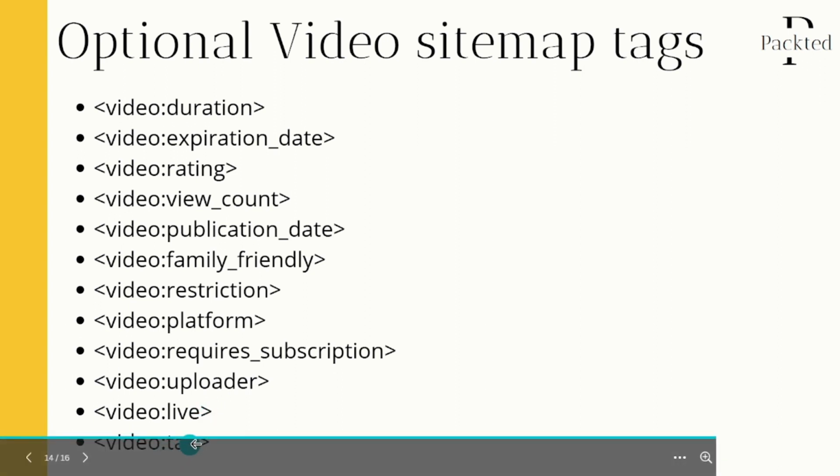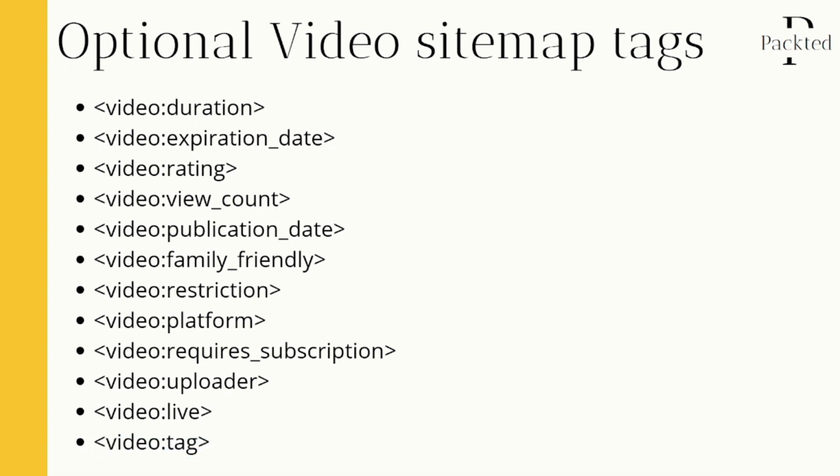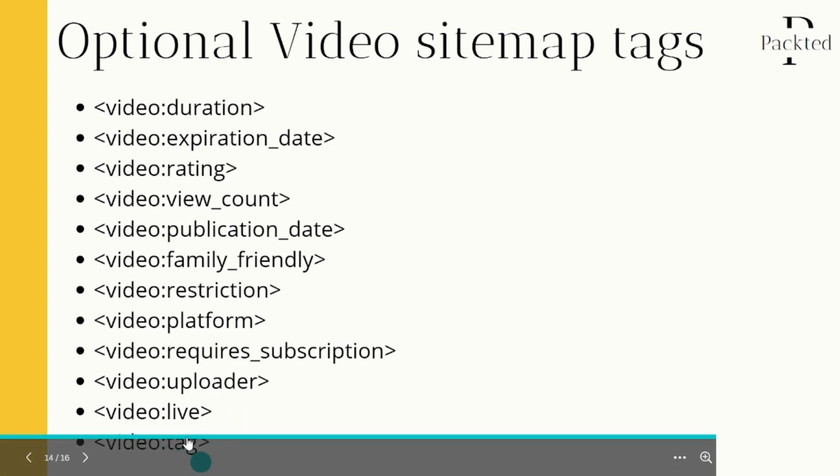Like, you must know that whenever you upload a YouTube video, there is an option to add relevant tags about that video. So it is just like that, you can add tags about your video.